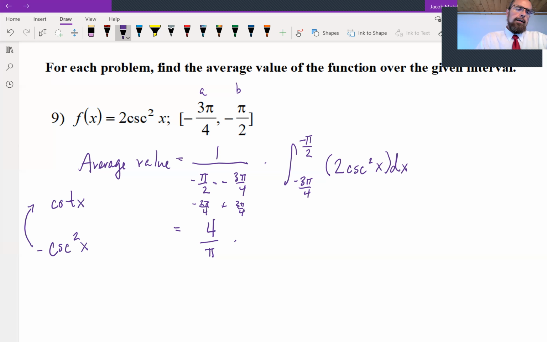So if I'm looking for an antiderivative with this positive version, it means the original had to be negative. So that gives me a way to integrate here. So that's going to be times negative cotangent of x, and I need to include that multiplier 2 out front. So negative 2 cotangent of x, and that will evaluate from negative 3 pi over 4 up to negative pi over 2.